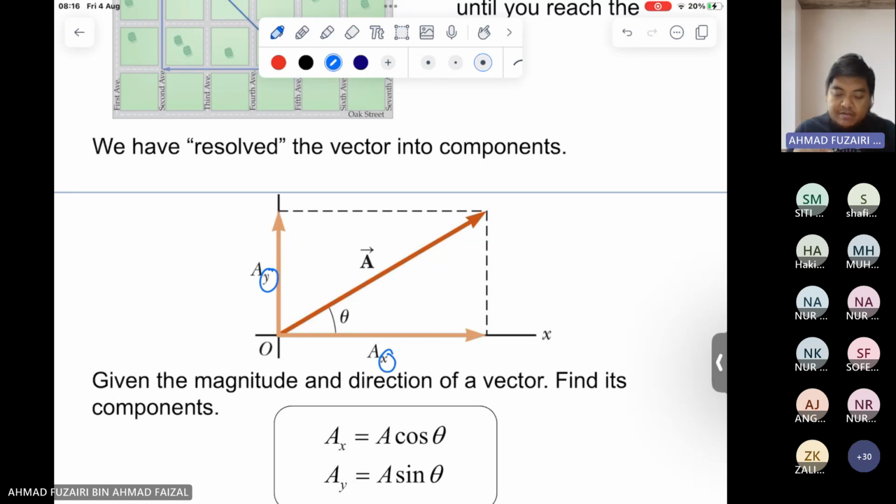If you look carefully, AX and AY don't have an arrow.